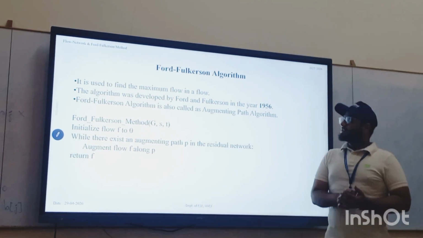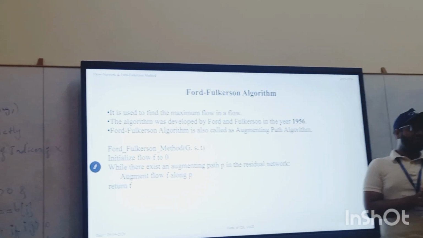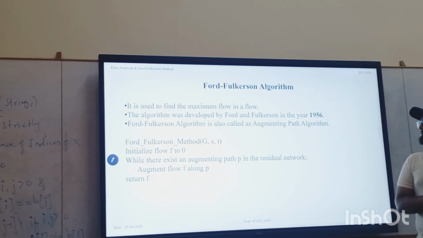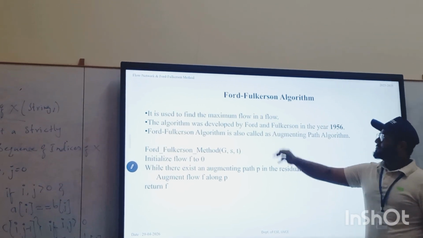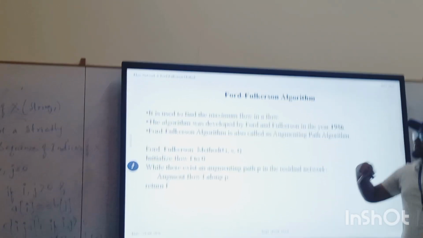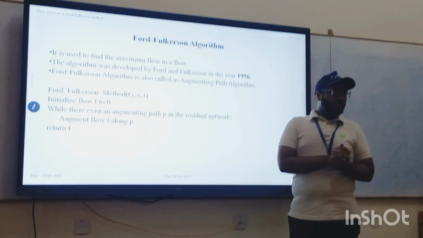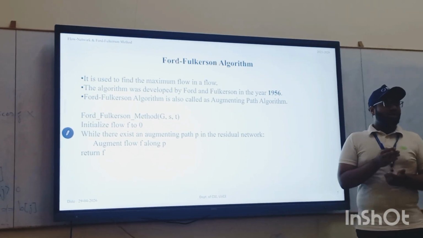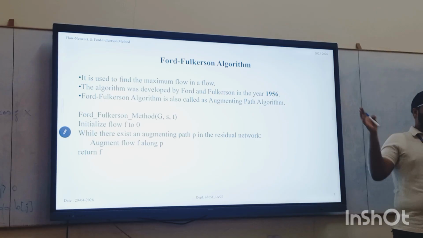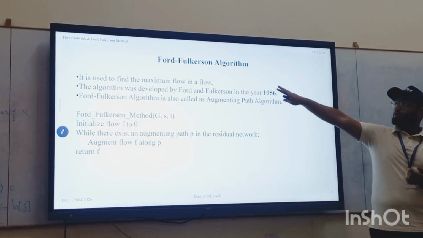The Ford-Fulkerson algorithm is the main algorithm we have to learn. It is used to find the maximum flow in a network. The main objective is to find the maximum flow. It was developed in the year 1956, as the name says, by two persons.